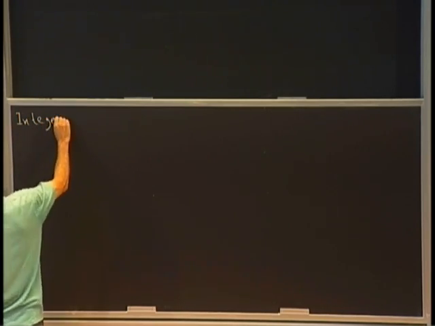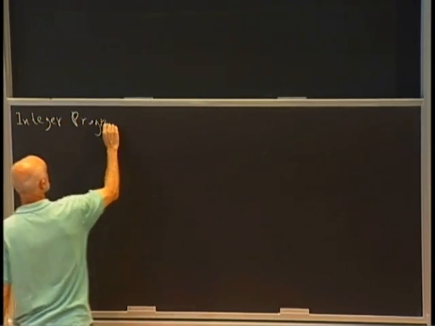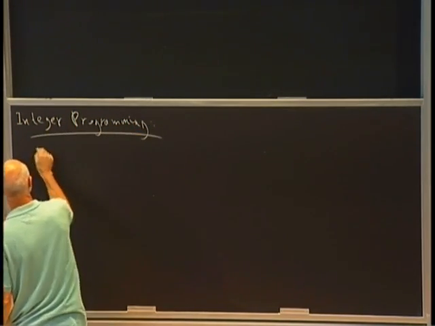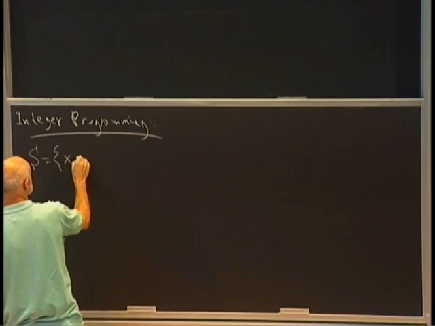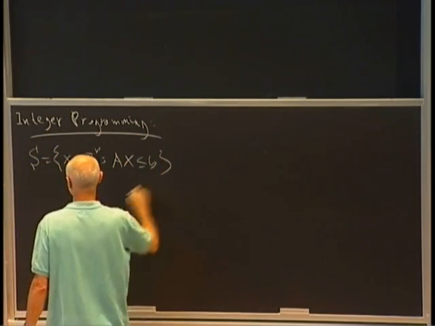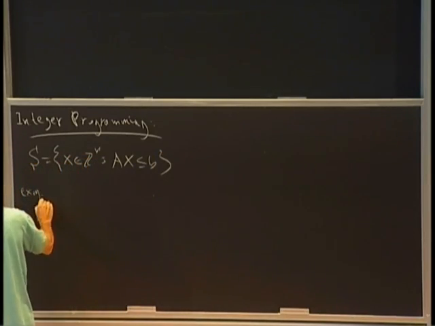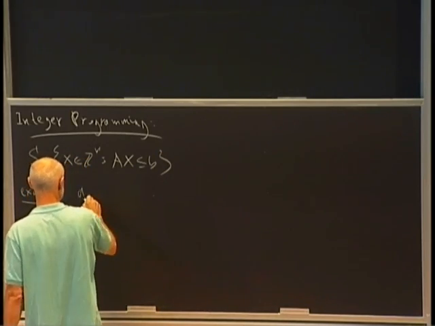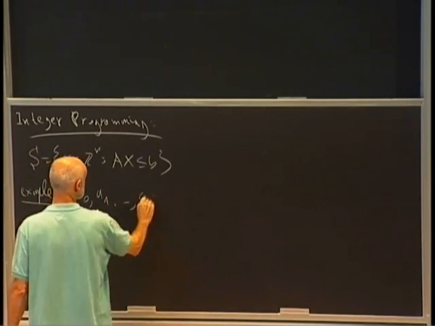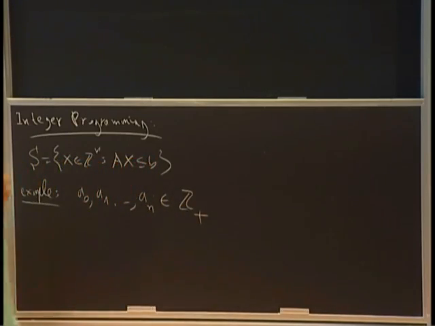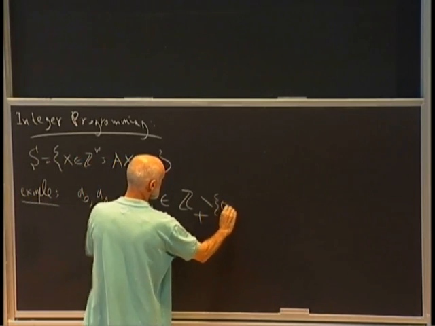Okay, so integer programming. S now is a set of integer points satisfying a system of linear inequalities. Here's an immediate example. I get numbers a0, a1, ..., an in Z plus, meaning non-negative integers, let's say.